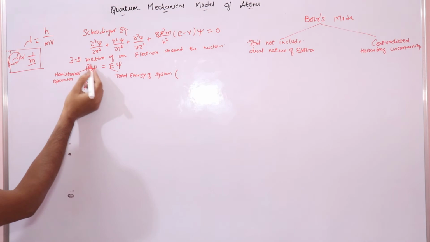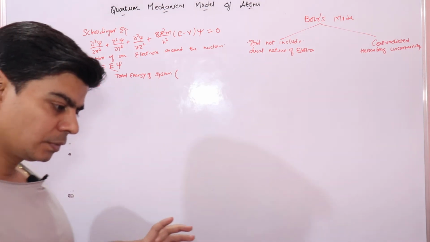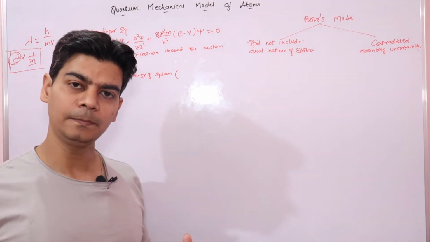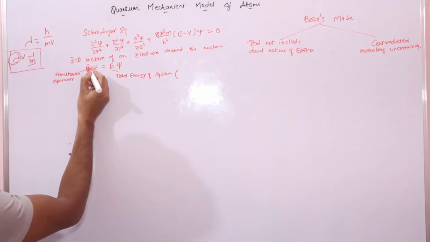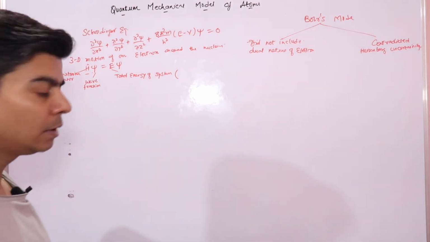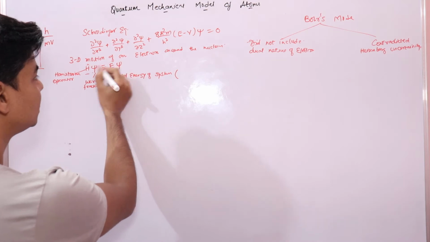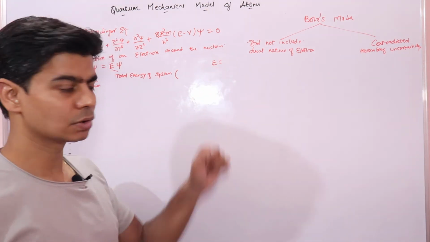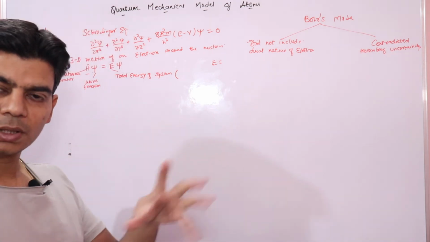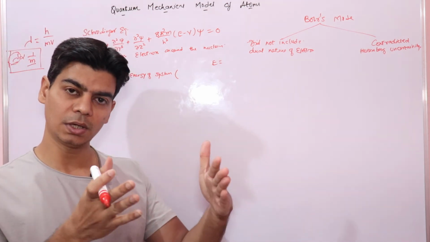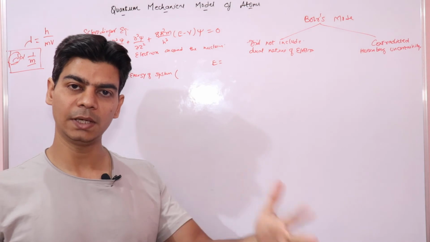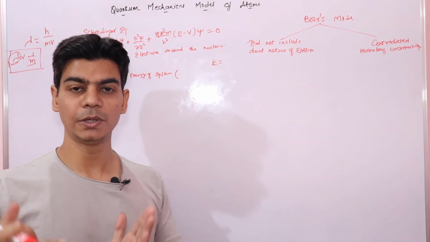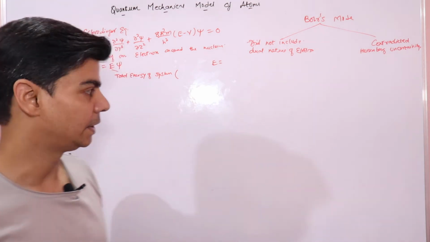So this equation gives you a way of constructing the Hamiltonian operator from the total energy of the system E. As I said, in the case of electrons moving around the nucleus, this includes the attraction between electrons and the nucleus, and the repulsion between the electrons, separately.